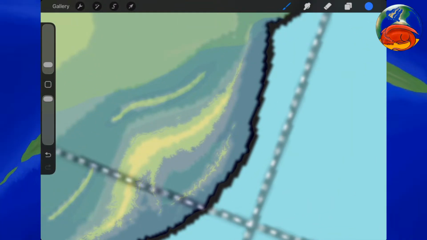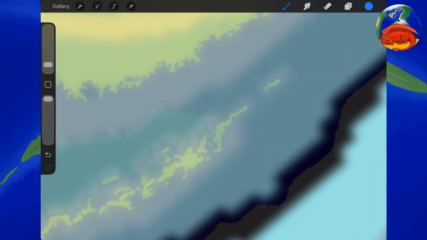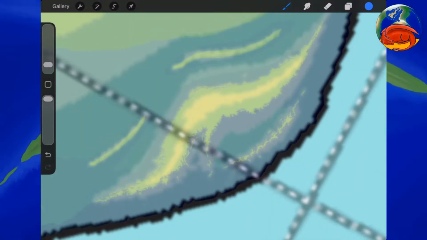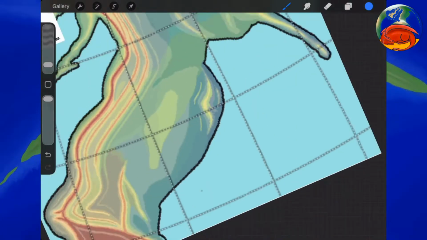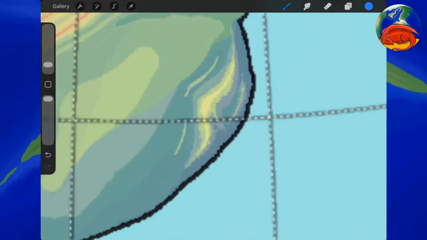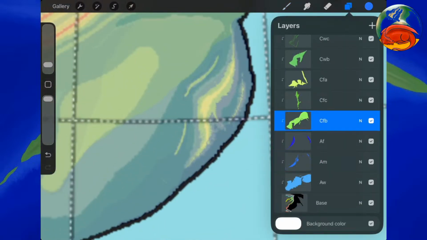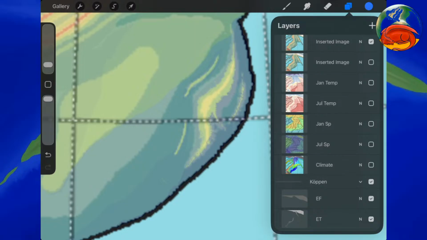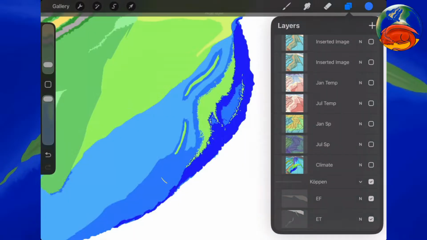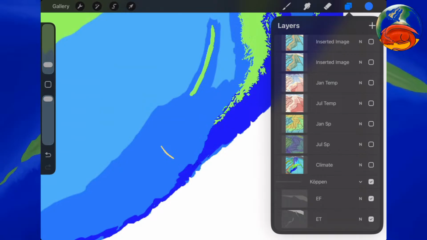Okay, so now we are going to look at our winds again, just so that I can decide where I want the AM to be. And then that, I don't know where this is.